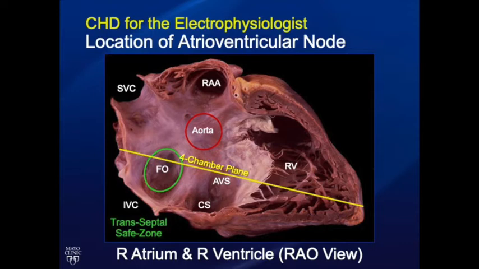Now, if we look at this in another plane that's very useful to understand in congenital heart disease, a 4-chamber plane, we're cutting through a part of the fossa and through this part that houses the compact AV node. And this is another key structure, the atrioventricular septum.